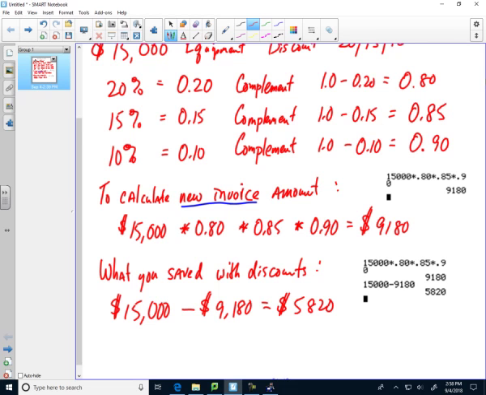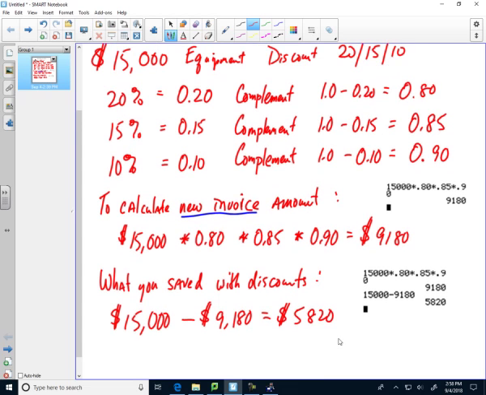And so that's an example why you might run into this whole concept of chain discounts. And they're really pretty easy. Just do the complements, multiply everything together, and that's what your invoice is. If you want to know what you saved, just subtract that from the original figure. Okay? That's not too bad, is it? We can do this.